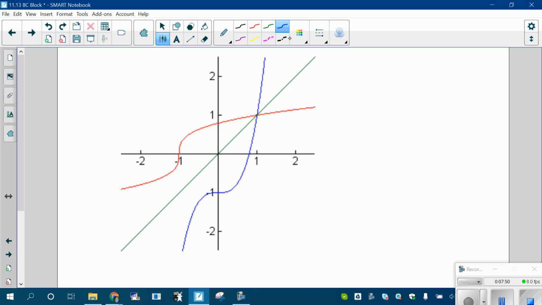Here's the calculus idea. If you take a point on the red function, let's call the red function f of x. We'll call the blue function f inverse of x. If you take a point on the red function, let's say, I'm just going to make it up, that point's (0.2, 0.8).